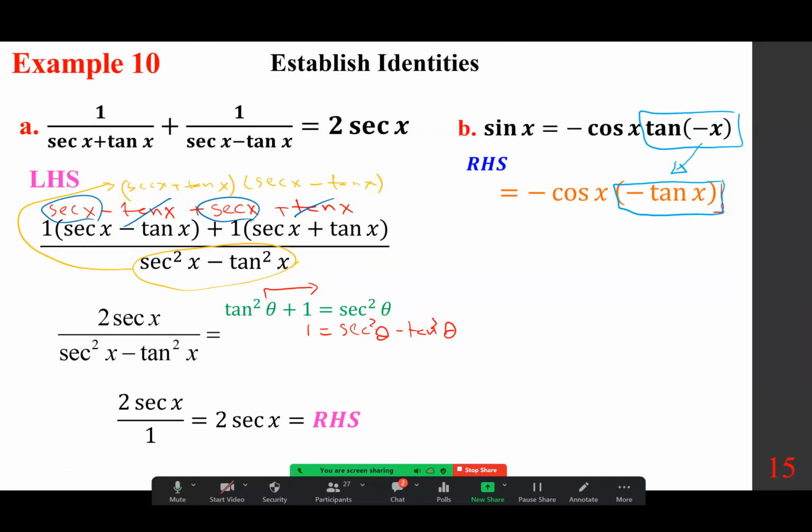Negative times negative makes it positive. Therefore, positive cosine x times tan x. And tan x will change to sine over cosine.